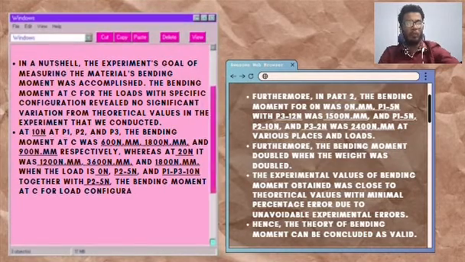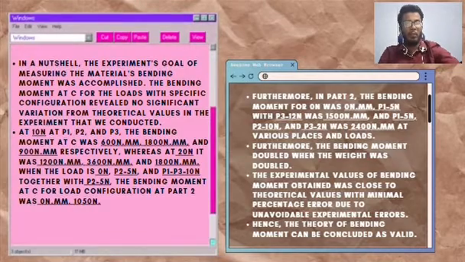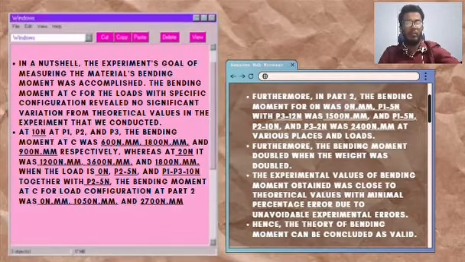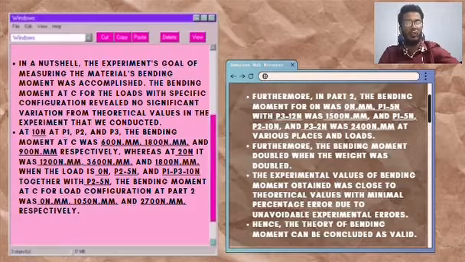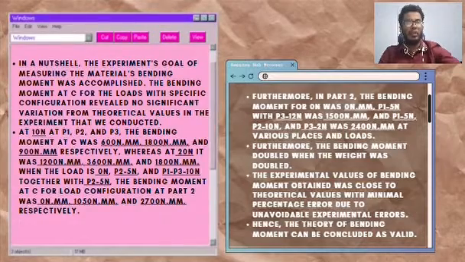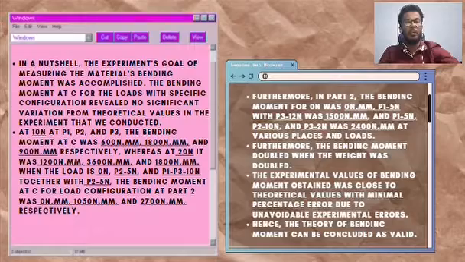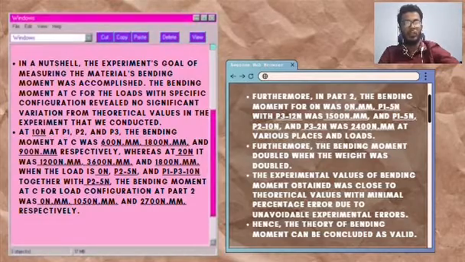Furthermore, in part 2, the bending moment for 0 Newton was 0 Newton millimeter, P1 equals 5 Newton with P3 equals 12 Newton was 1500 Newton millimeter, and P1 equals 5 Newton, P2 equals 10 Newton and P3 equals 2 Newton was 2400 Newton millimeter at various places and loads.